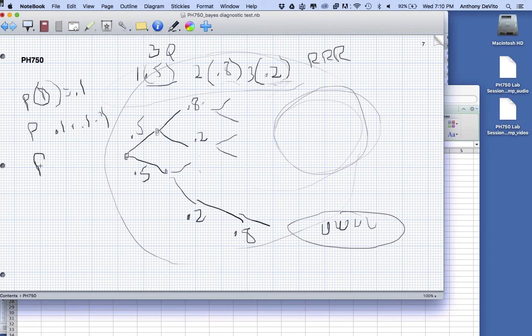So what's the probability of none of these people having diabetes? Well, the probability of one of those people not having diabetes is 0.9, because there's a 10% chance they'll have diabetes, 90% chance they won't. 0.9 times 0.9 times 0.9 will be the probability that none of the 3 have diabetes.